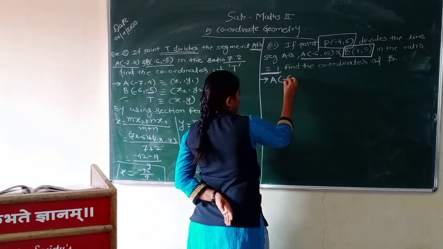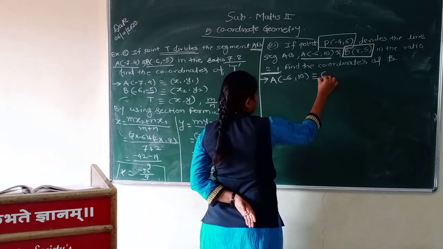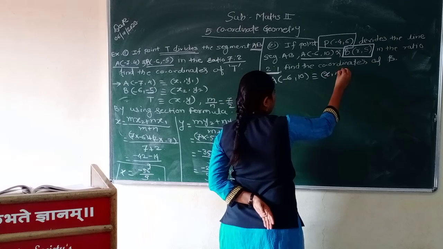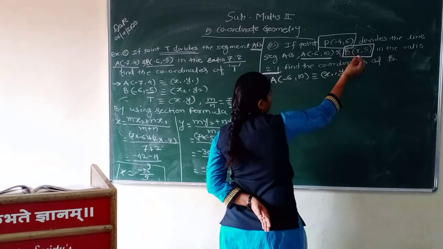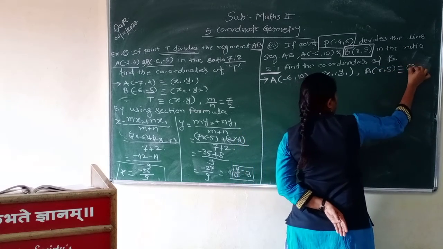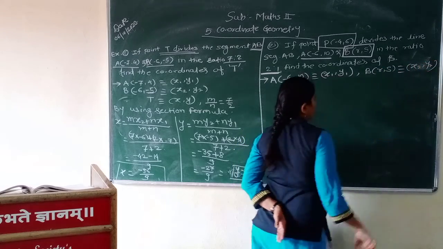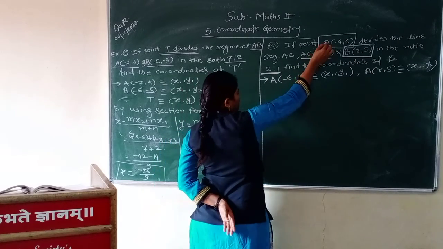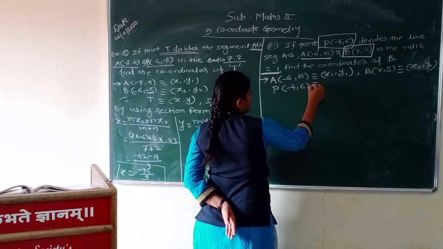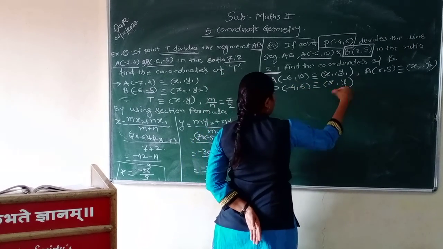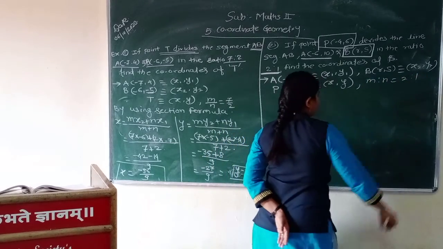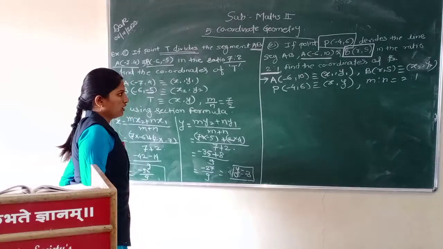A is (-6, 10), that is your x1, y1. Then B (r, s) means x2, y2. Then the third is the section point P (-4, 6), that is x and y, and your m is to n is 2 is to 1. This is your given.